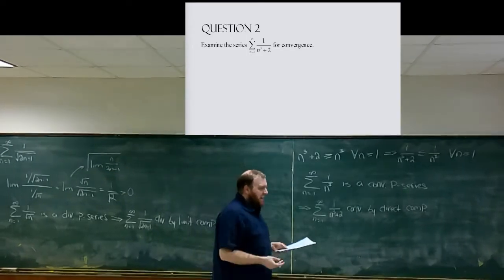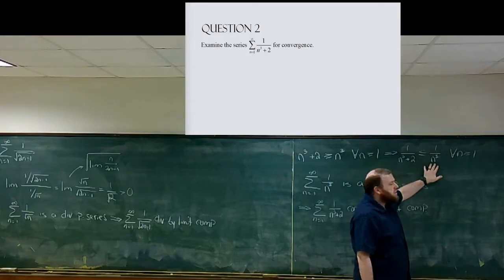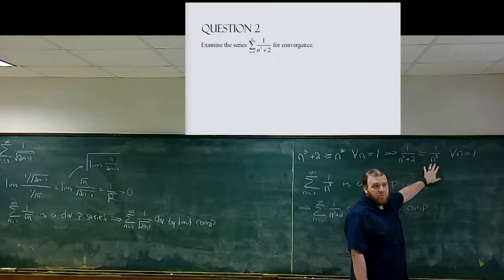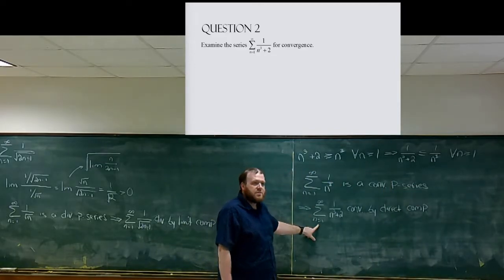The idea behind that is simple. 1 over n cubed in this case acts as an upper bound, which means this sum would serve as an upper bound for this sum.